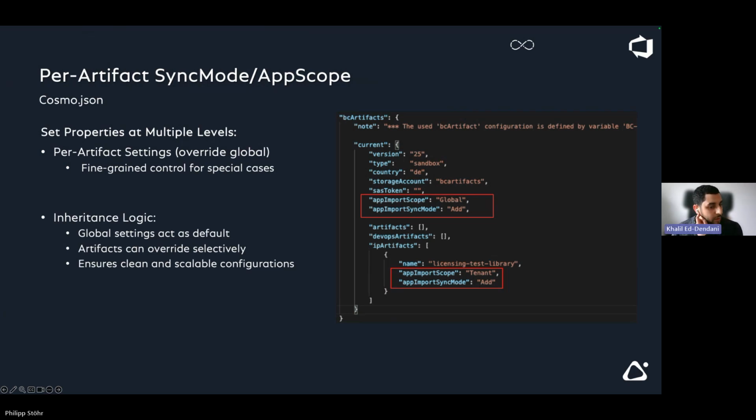Yes, global values cover the common ground at the top level, while artifacts can be fine-tuned where necessary. Yes, this feature will be there in the next release.